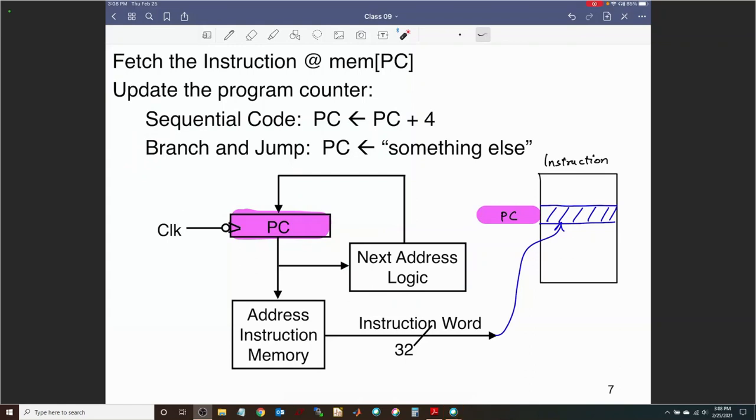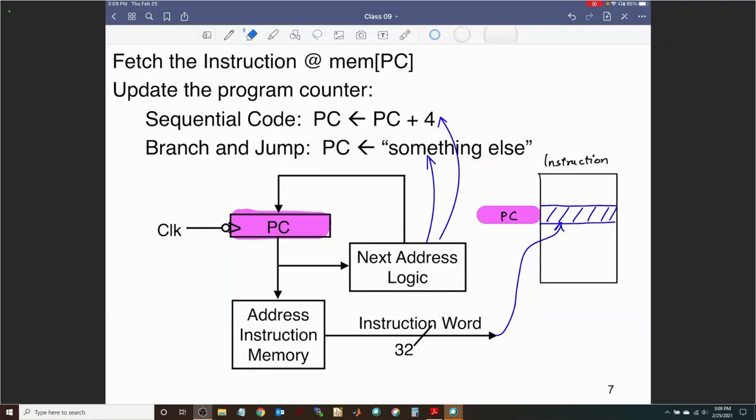There are two options here: this could be that, or this could be that. But no matter what, it is going to be combinational logic. I'm expecting it to have a multiplexer to choose one option versus the other. It is definitely going to have add by 4 somewhere in there, but all of that is going to go into the next address logic to update my program counter. You guys see that?